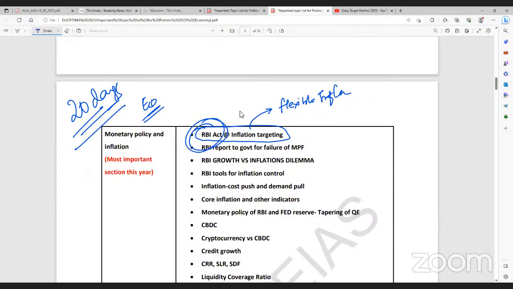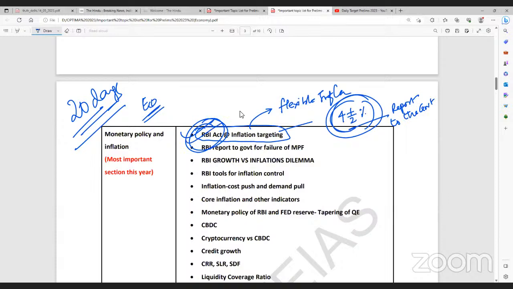This year, there is one provision in the Act that if RBI fails to keep inflation within the ±4, ±2 inflation band, then RBI has to give a report to the government. So this was in the news this year.